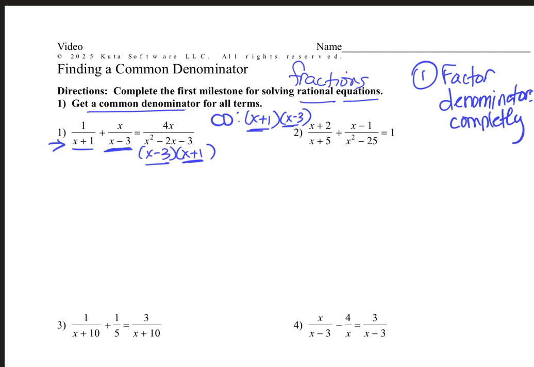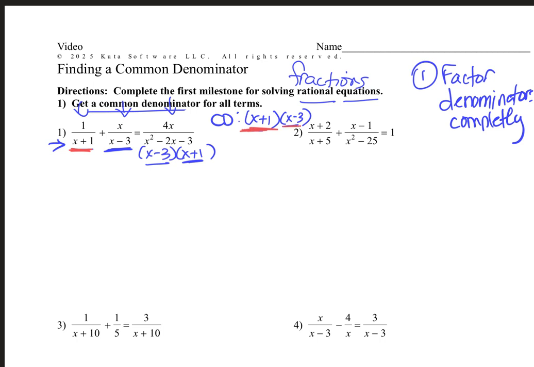Then what we do is we multiply the top and the bottom of each fraction. We have the 3 fractions here, and we multiply the top and the bottom by what it's missing from the common denominator. This one has an x plus 1, so it does not need an x plus 1. Excuse me.